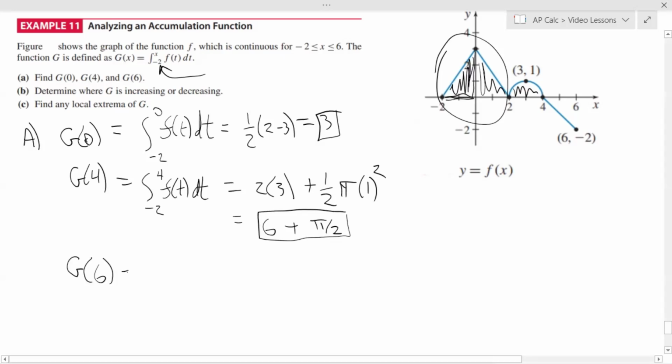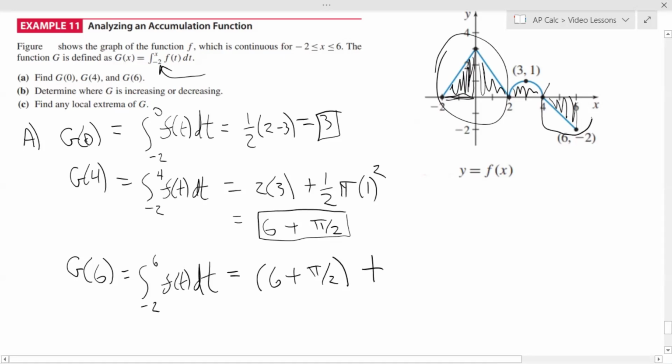And then finally, g of 6 is the definite integral from -2 to 6 of f of t dt. So if we go all the way out to 6, it's everything we've done so far. So 6 plus pi over 2 plus this last triangle at the end. That's a triangle of base 2, height 2, so it's 1/2 times 2 times 2. But since the region is below, it's considered a negative net change over that interval.